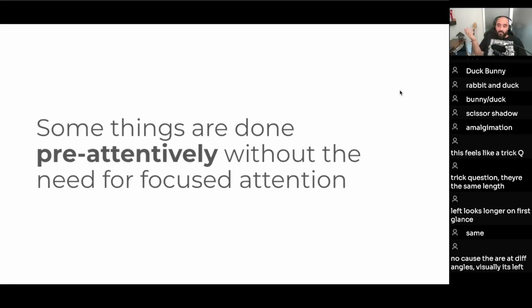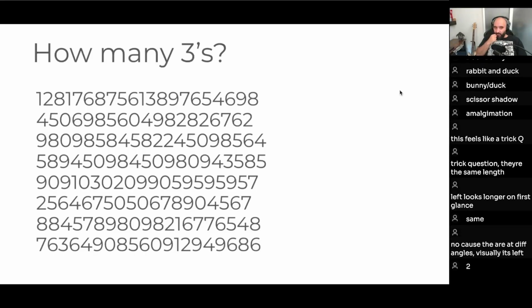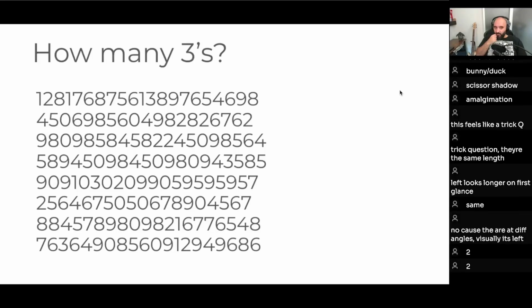Some things are done pre-attentively without the need for focused attention. Can you find the number of threes in this image? Really hard to tell. Two. I think there's more.